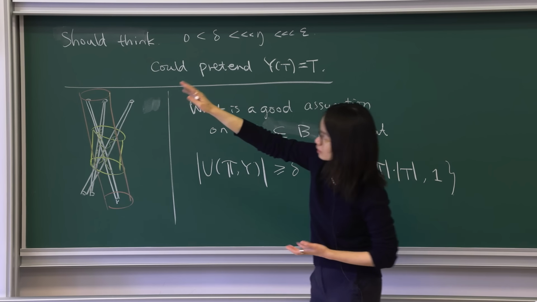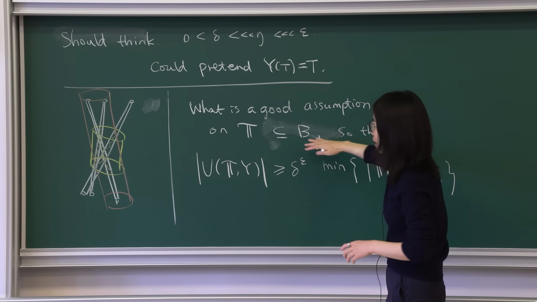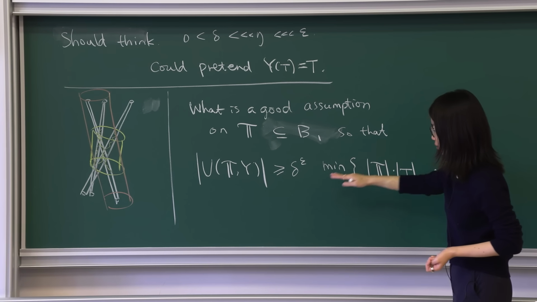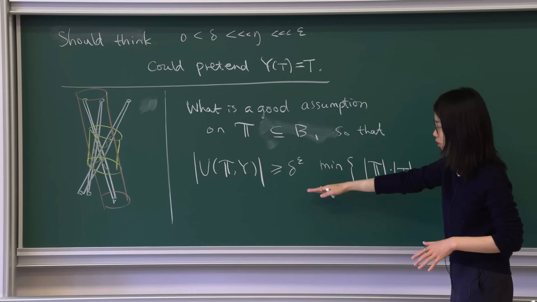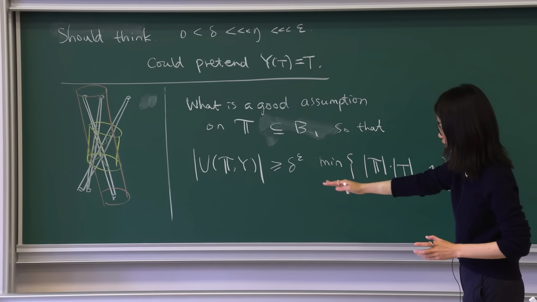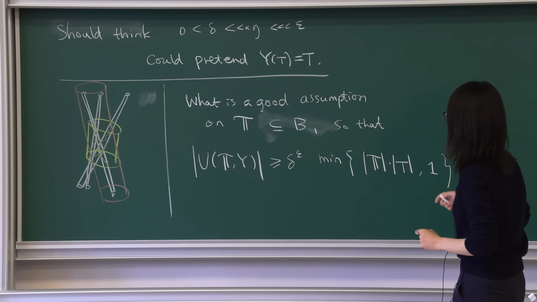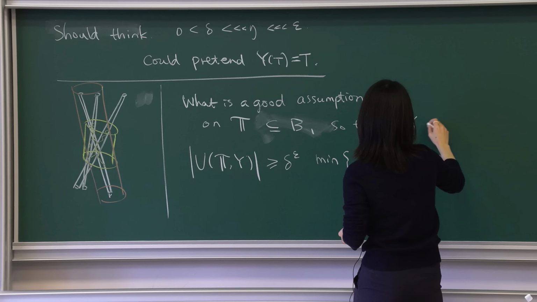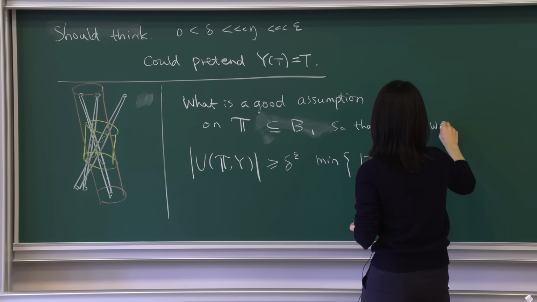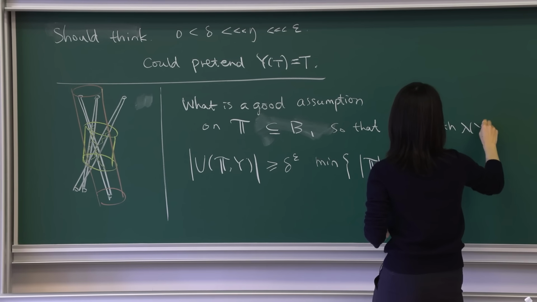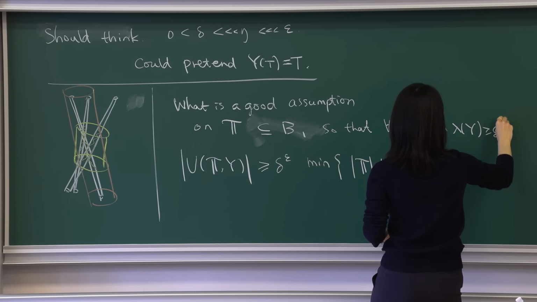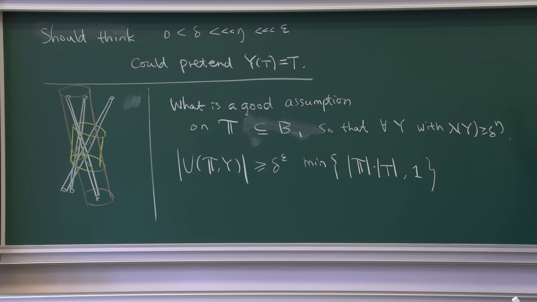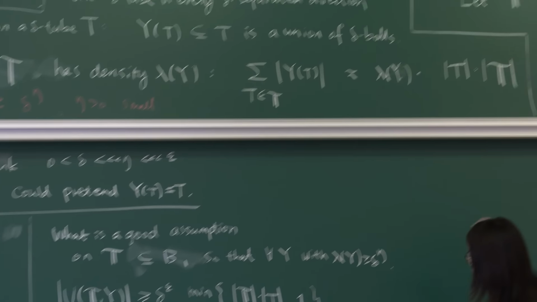The reason is that the Kakeya set is a compact subset. We might as well assume that all the tubes are contained in the unit ball, so that we have the following volume lower bound for the union of shadings. So the correct statement is for any shading with density greater or equal than delta to the eta. Again, eta, delta, epsilon are there in the same sense as in this conjecture.